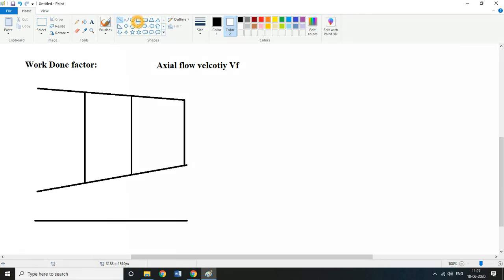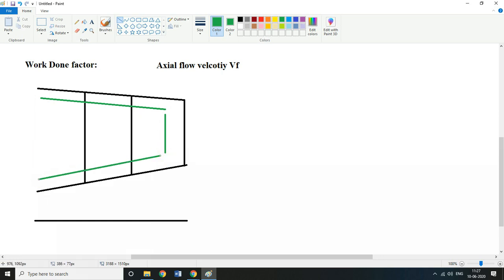So initially it will be somewhat okay, if I take in green boxes, up until here, but as and when you come deeper inside, the axial velocity will gradually reduce. Probably I should write it like this. So it will reduce somewhat like this.